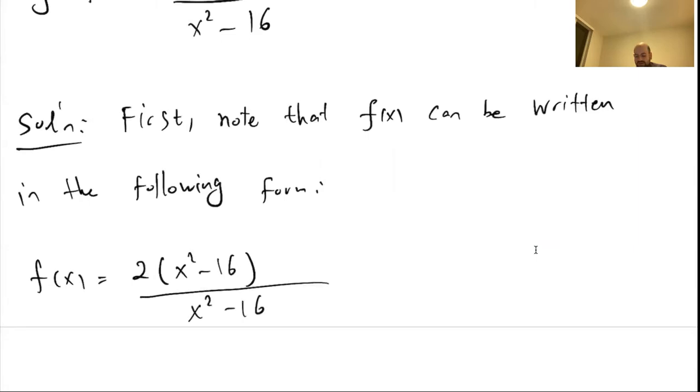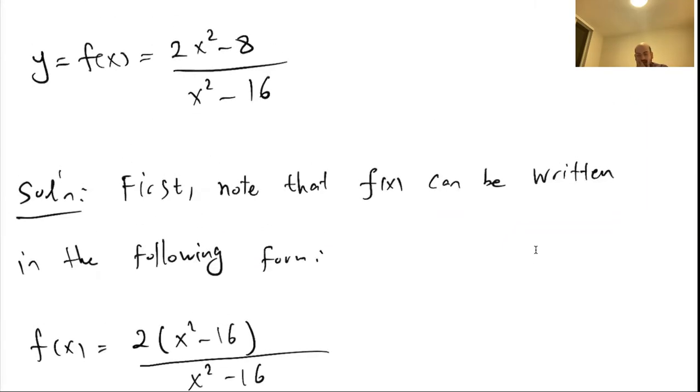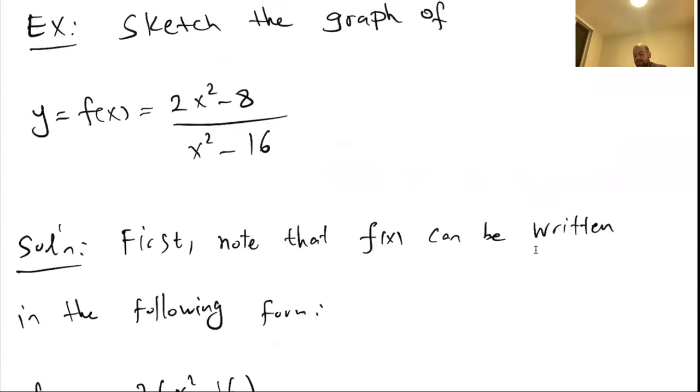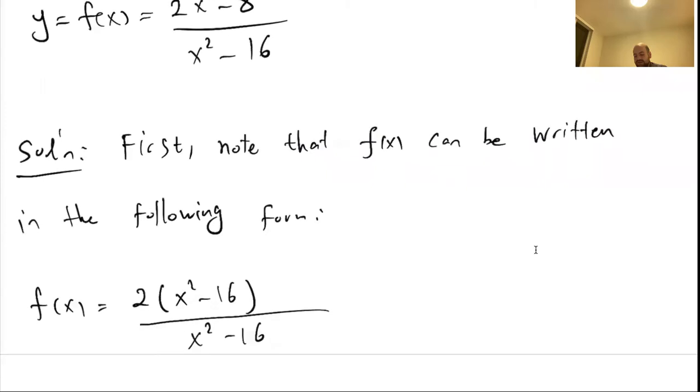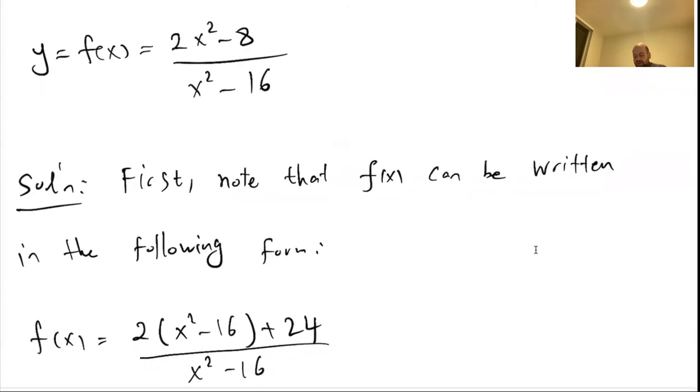But of course, I need a constant to adjust, because 2 times x squared minus 16 gives 2x squared minus 32. But here I need minus 8. So if it's minus 32 and I need minus 8, that means I have to add 24, right? So I can add 24. If I add 24 to minus 32, then I'll get minus 8.